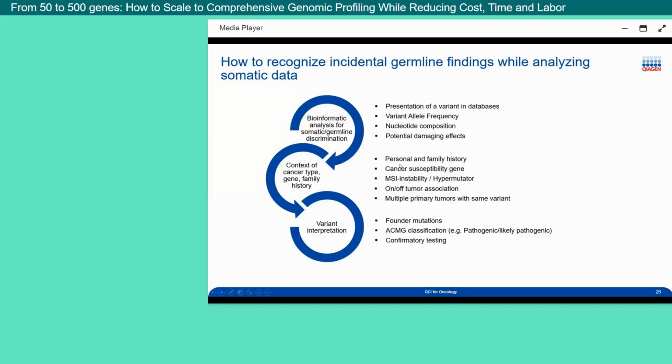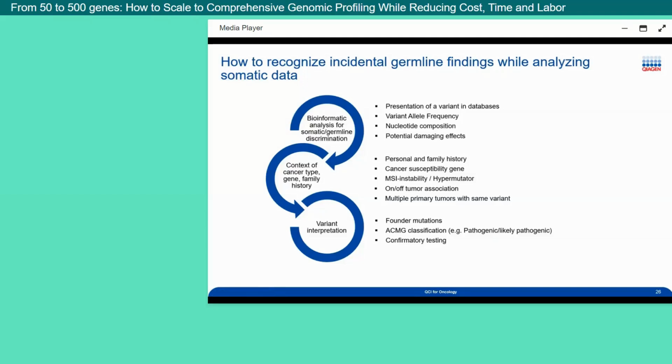So in such cases, critical appraisal of the variants, the patient's clinical presentation, and family history needs to be used to adjudicate whether this may be a patient with a diagnosis of a hereditary disorder such as Li-Fraumeni syndrome.